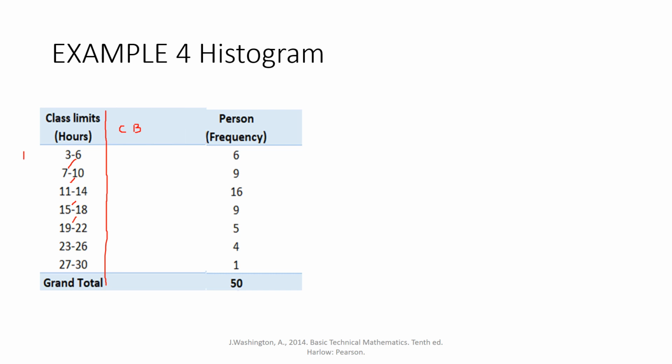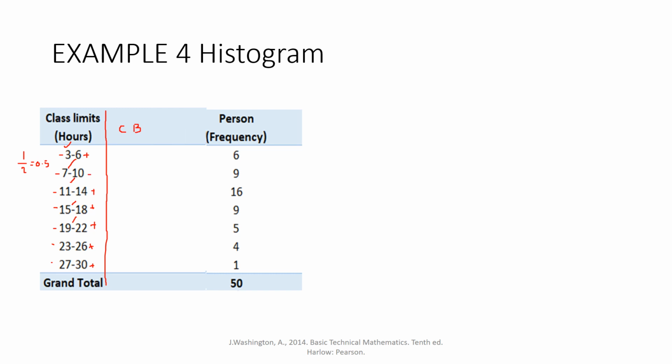This difference is divided by 2 and it comes 0.5. Now this 0.5 will be subtracted from all the lower classes and added to the upper classes, and this way we get class boundaries.